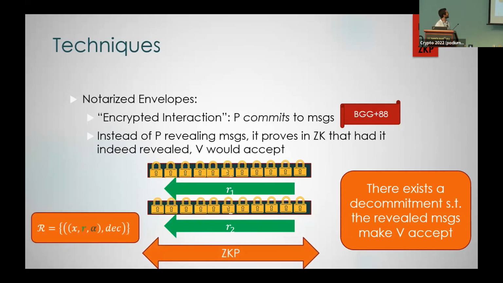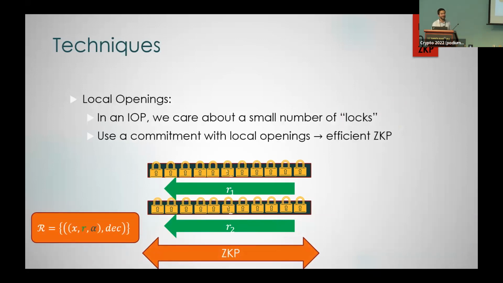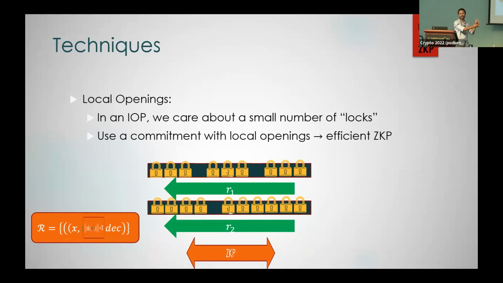The thing is, we can utilize the fact that we have an IOP instead of an interactive proof. This means that the verifier is interested in just a small number of the locations in the prover messages. So the prover doesn't have to reveal everything. The statement can only correspond to the small number of locations in the prover messages. So if we use a commitment with local openings, then the zero knowledge proof at the end can be much shorter.